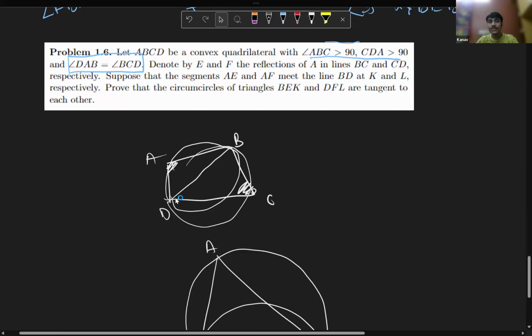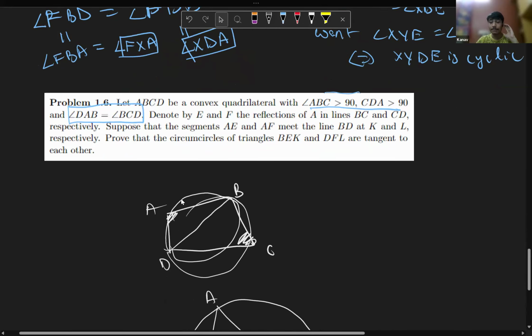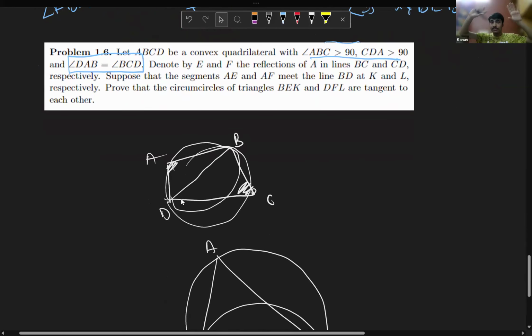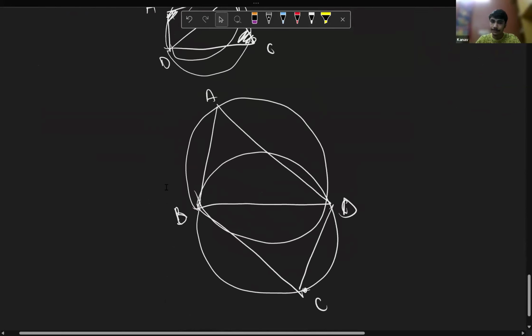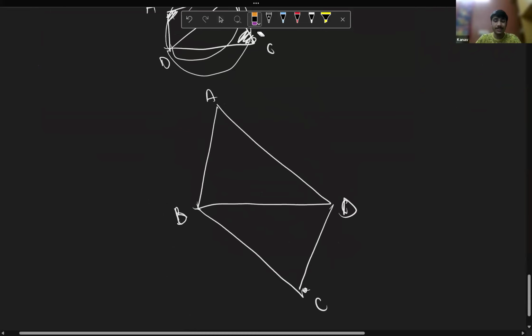So the angle condition wasn't really a big issue. Basically the quadrilateral geo became a triangle geo, just better. I'll erase the circles so the diagram doesn't get complicated.